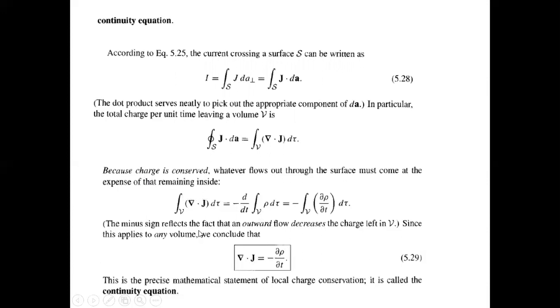So this part can be written like this one, where rho is the charge density. So basically the negative part reflects the fact that the outwards flow decreases the charge that is left in the volume. So within that volume we have this one.